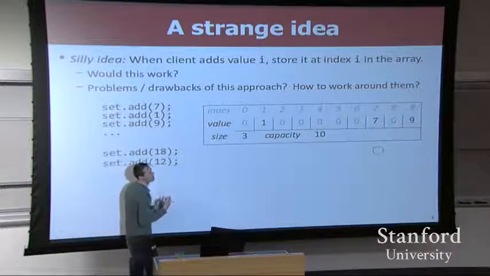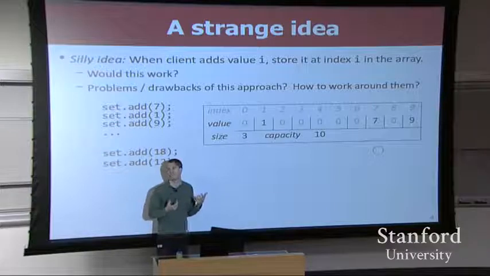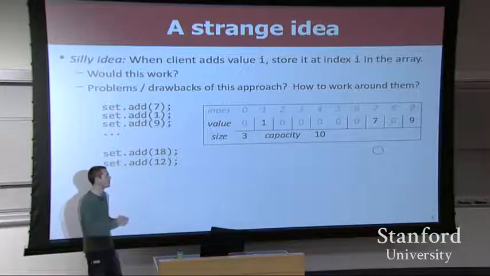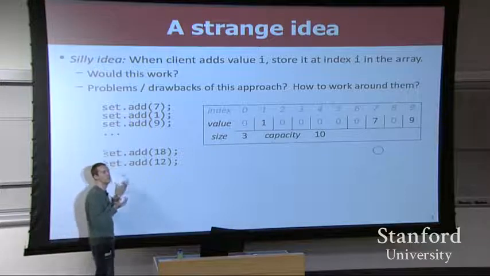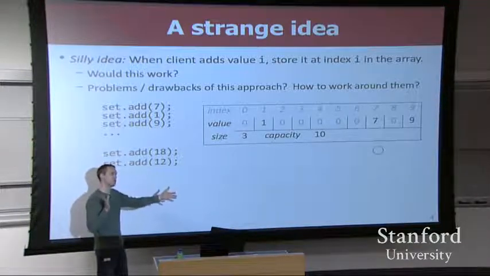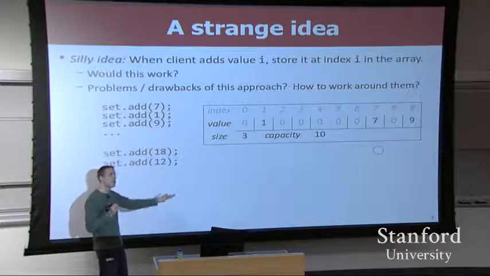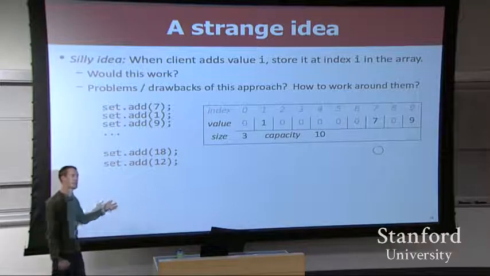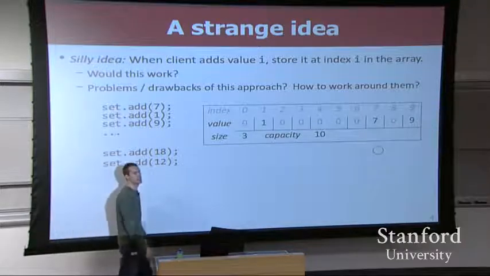Maybe I know the numbers are like test scores or student IDs, and so I know they're all going to be in a manageable range or something. If you decide that you're willing to pay the price of all that memory to have all those slots, then if I just jump to slot I and store a number there to indicate that I've added I to this set, that might be fast, right?